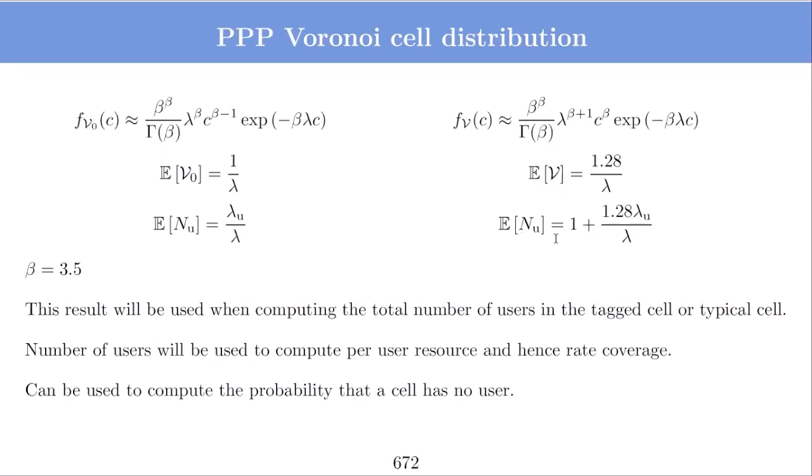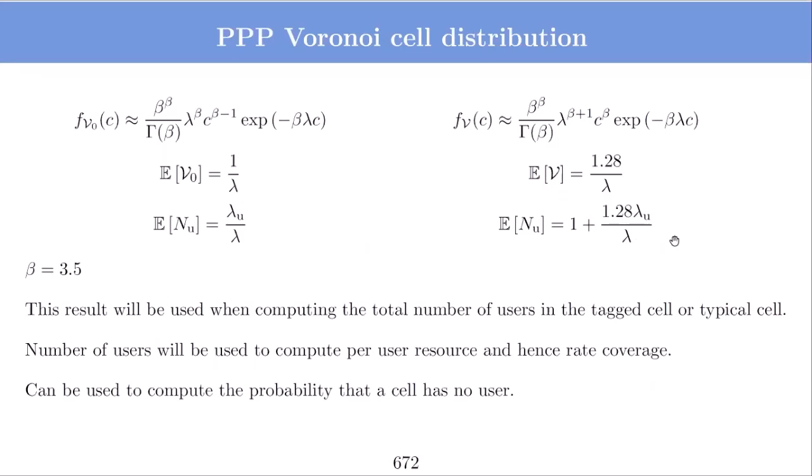Here it says that if you select one user, look at its base station, and ask how many users are in this base station, there would of course be one, because you are conditioning on that user, and then there will be 1.28 lambda u by lambda users. So in the previous example, with 200 users per square kilometer and 20 base stations per square kilometer, there are 13.8 users in the tagged base station.